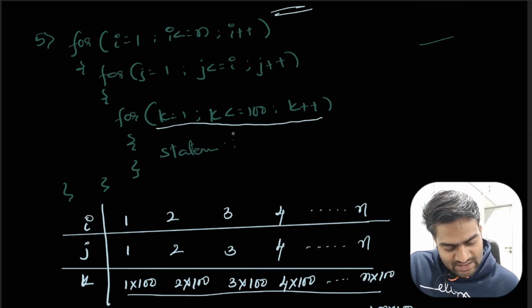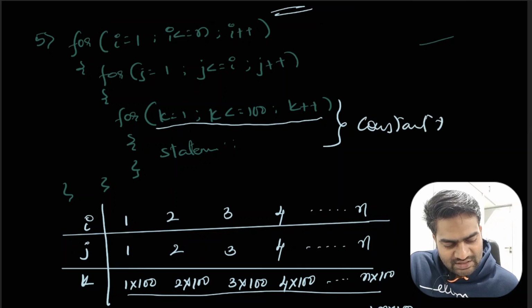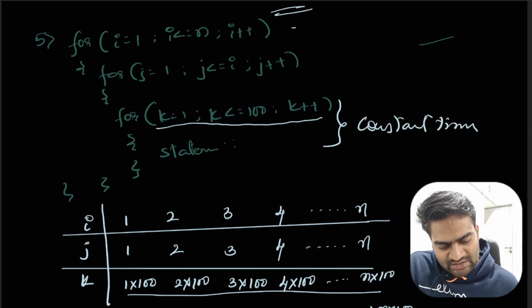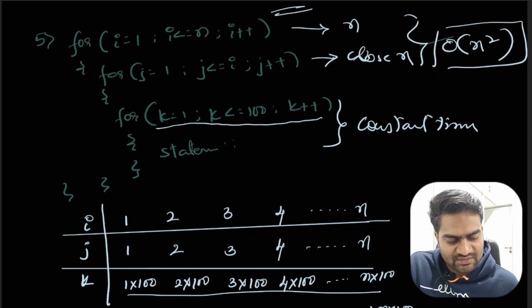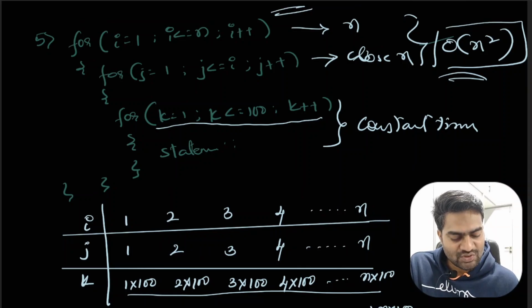That's how this is of some constant time. But this runs for n time, this runs for close to n time. That's when it becomes of order n square. This is how, with a naked eye, we can try to compute the time complexity for this kind of loops.